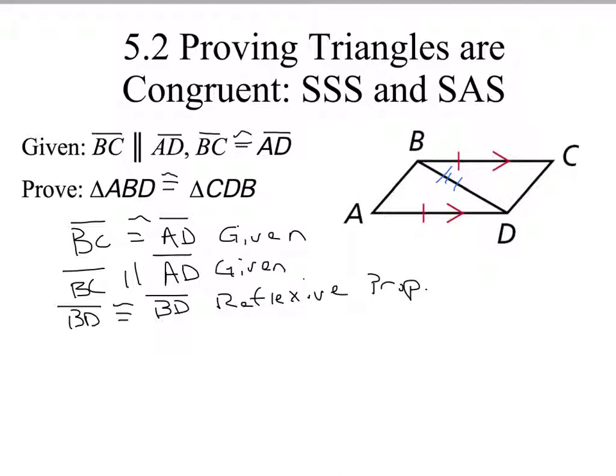Well, when I look at this, I notice my two parallel lines, BC and AD. That information in step 2 right here also makes BD, if you look at it, it looks like a transversal. Remember transversals? Well, if BD is a transversal and BC and AD are, sorry, not congruent, but parallel to each other, what does that tell me?